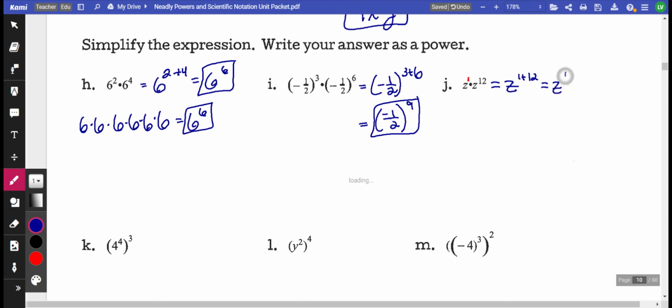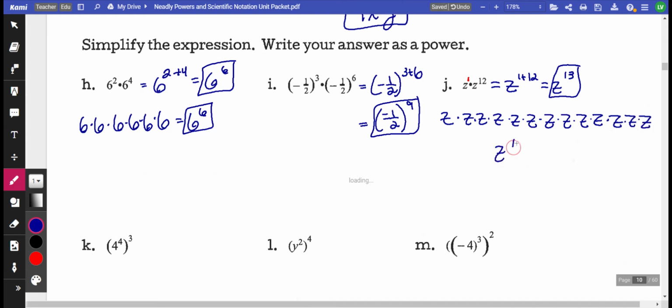So that becomes z to the 13th power. Again, you can expand it out with z times, so 1 z times 12 z's. So 1, 2, 3, 4, 5, 6, 7, 8, 9, 10, 11, and 12. When you add them all together, that gives you z to the 13th.